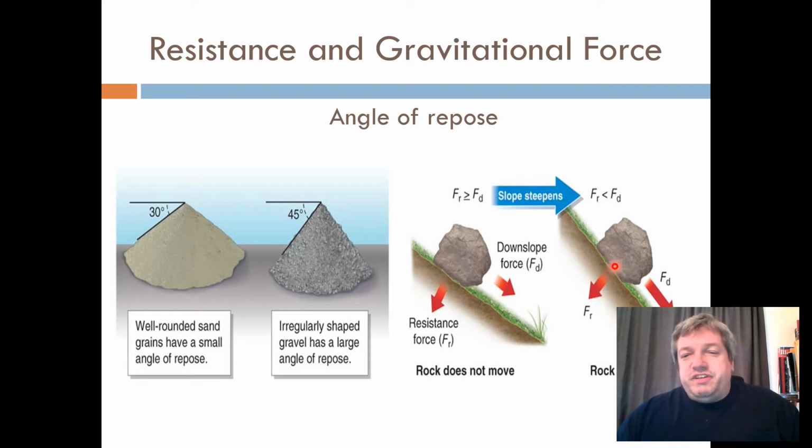But if something happens to decrease that, maybe the ground you're on gets wet, and so it becomes loose and muddy, and your spikes and your shoes don't hold. Or you gain weight and you get bigger. Something causes gravity to pull harder, then you will slide down slope. The angle of repose is the steepest slope that will be stable based on the material available.